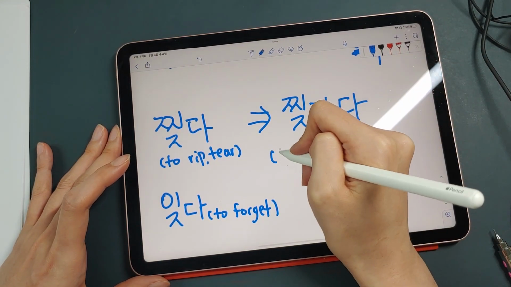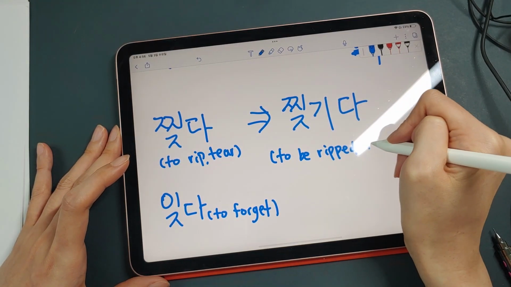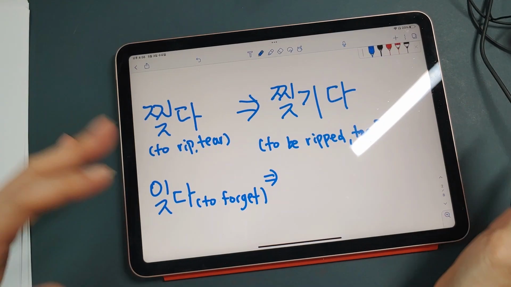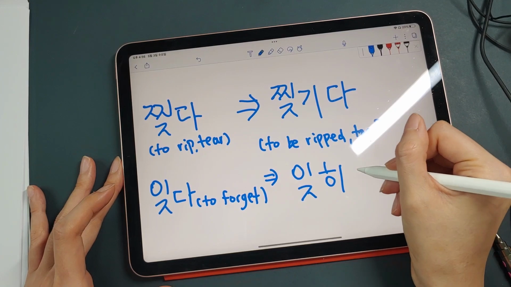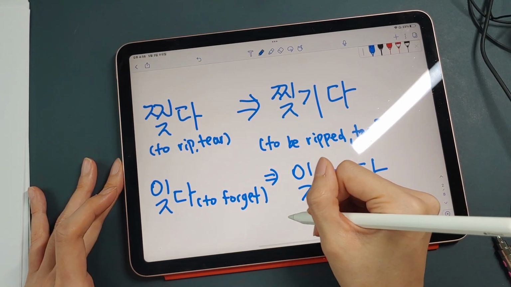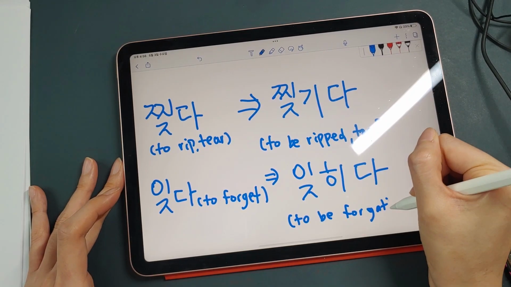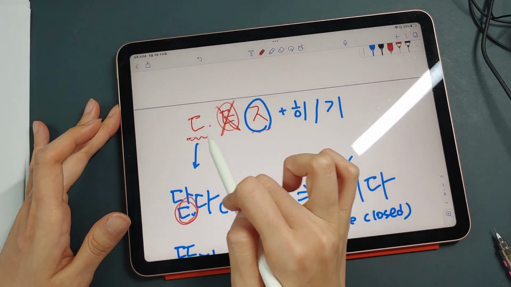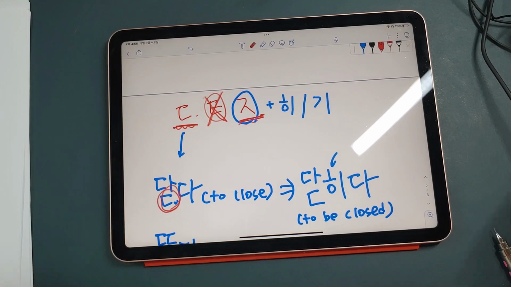So 찢기다 would mean to be ripped or torn. And for 잊다, to become a passive form, this time you should be putting 히. So 잊히다 would mean to be forgotten. So for the verbs that end in either 티읕 or 치읓, there is no one consistent rule, unfortunately.